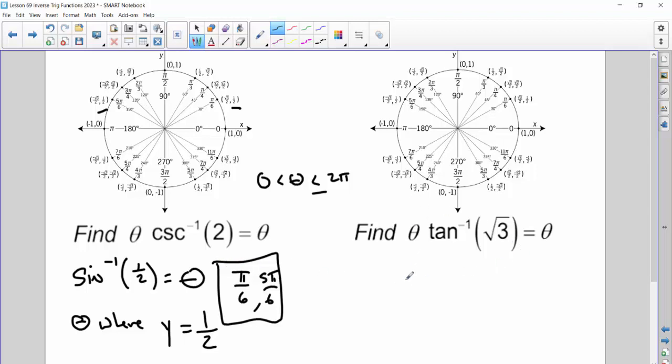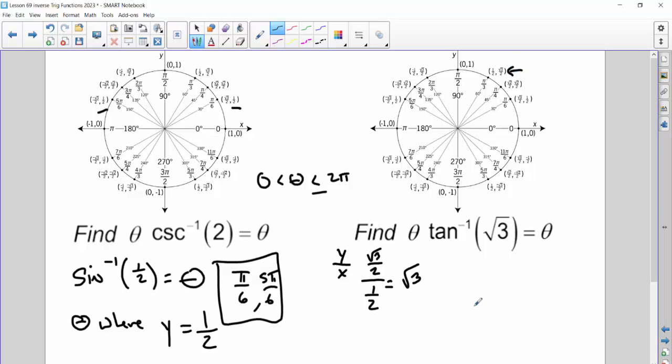And those are the values on the unit circle where that happens. Tangent's a little bit different because tangent we know is y over x or sine over cosine. So I want to know where y over x is root 3. In other words, where is y root 3 over 2 and x equal a half, because that reduces to root 3. Now, in this case, I want to know where y is root 3 over 2 and x is a half.